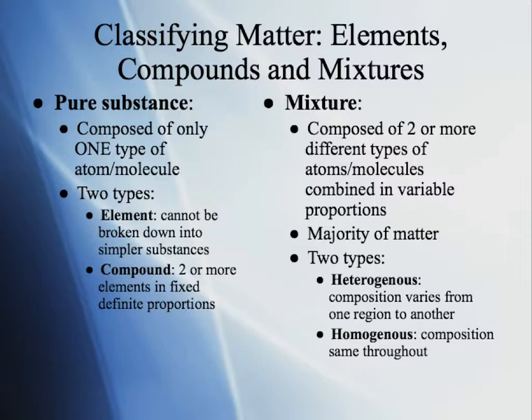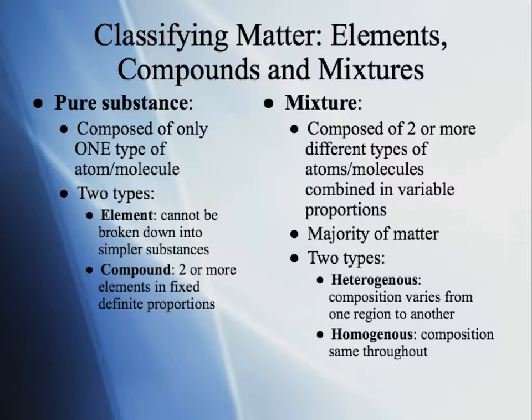Like we saw earlier, the rubbing alcohol could be considered a compound because it has carbon, hydrogen, and oxygen atoms bonded together to make the isopropyl alcohol that is in the container.